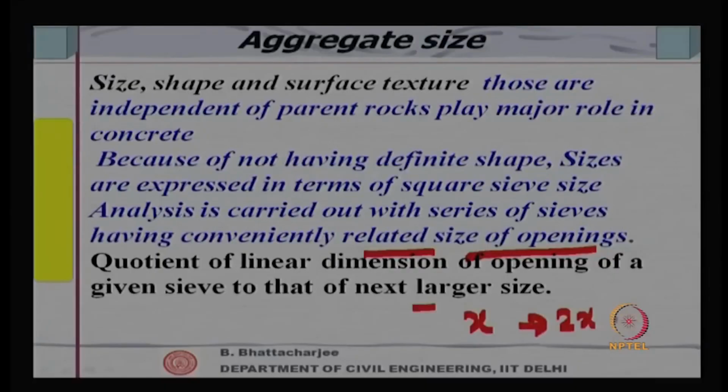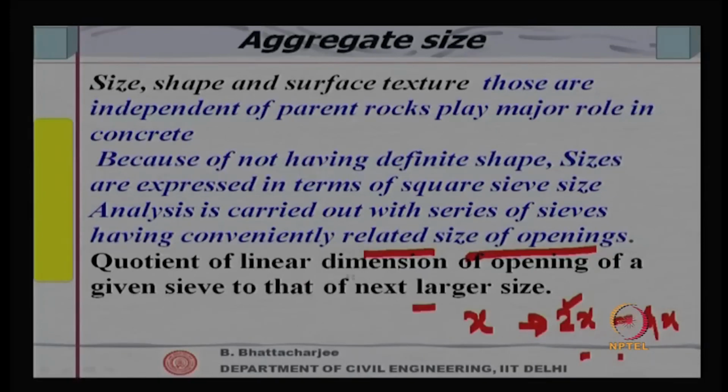Because the range is large, it is convenient to express them in geometric progression, that is, if I have a size x, next size will be 2x, next to next size will be 4x, 8x and so on. Well, this 2, the quotient therefore is 2.